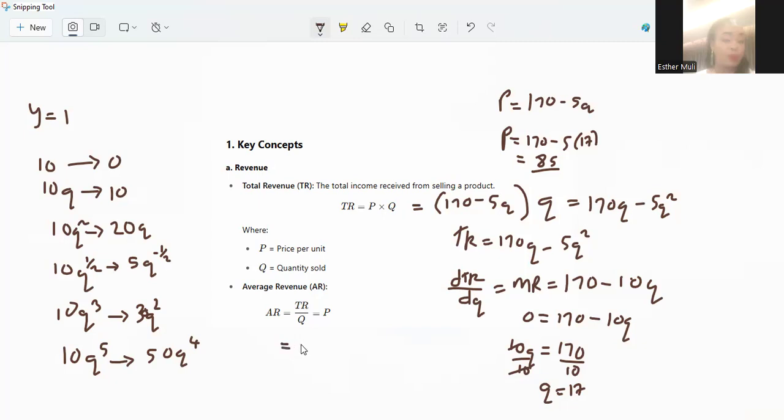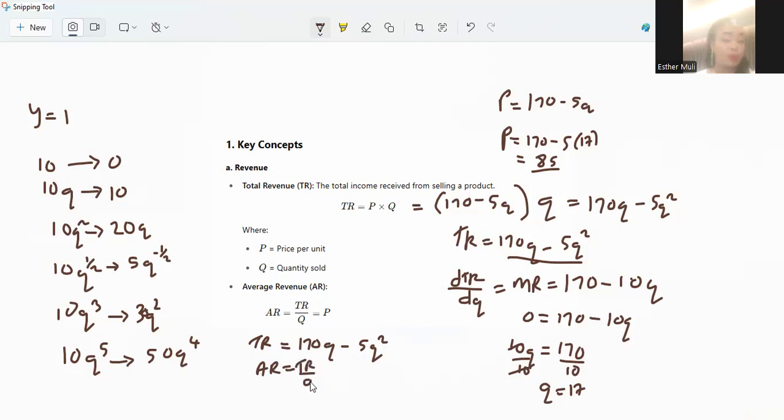So what was our total revenue? 170Q minus 5Q squared. To find our average revenue, we divide our total revenue by quantity.